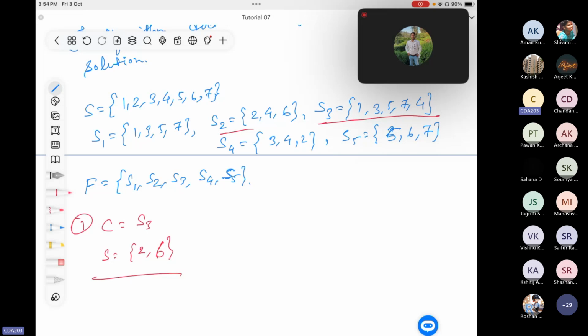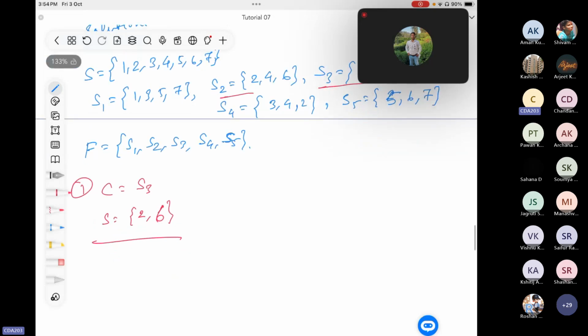Okay, so there is actually a mistake in there. Actually, if you apply greedy, your S1 would be empty, and S2 would be 2, 6.